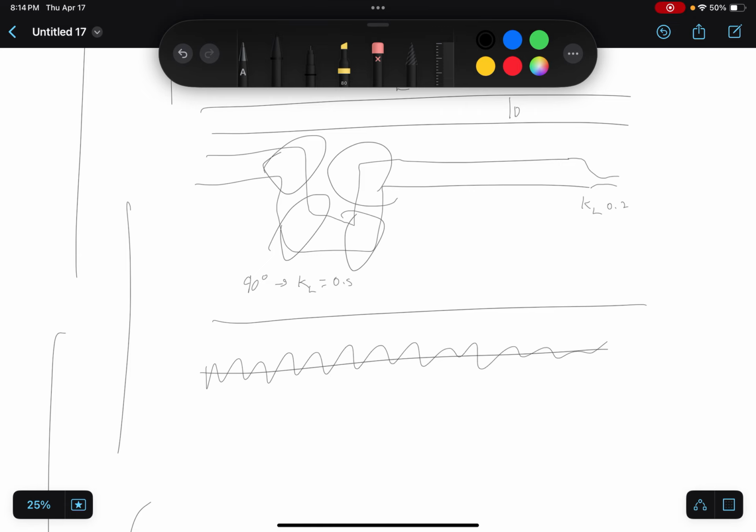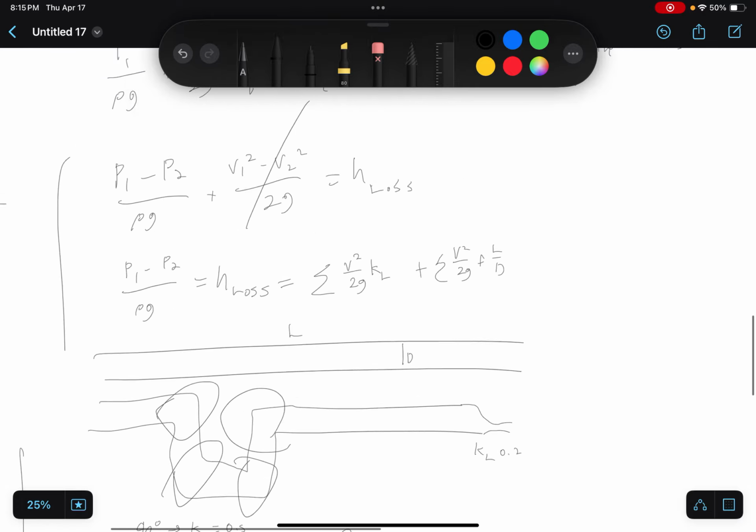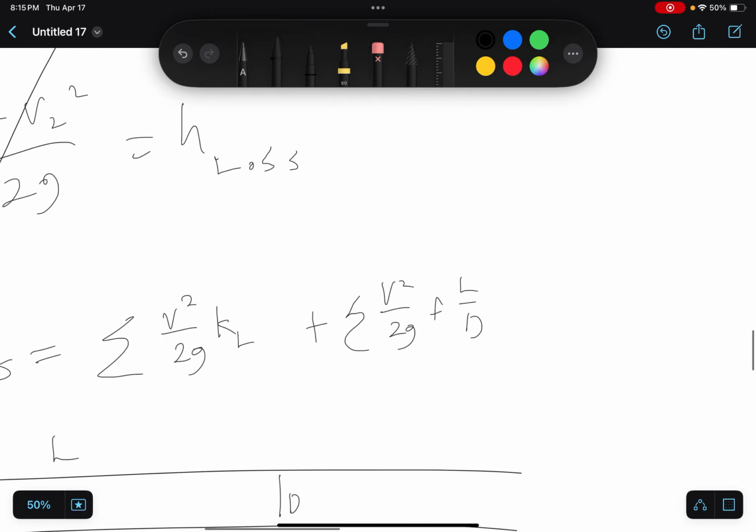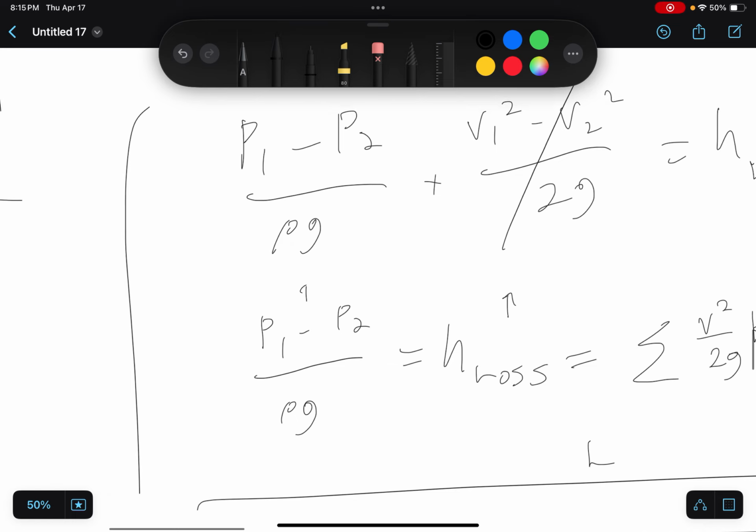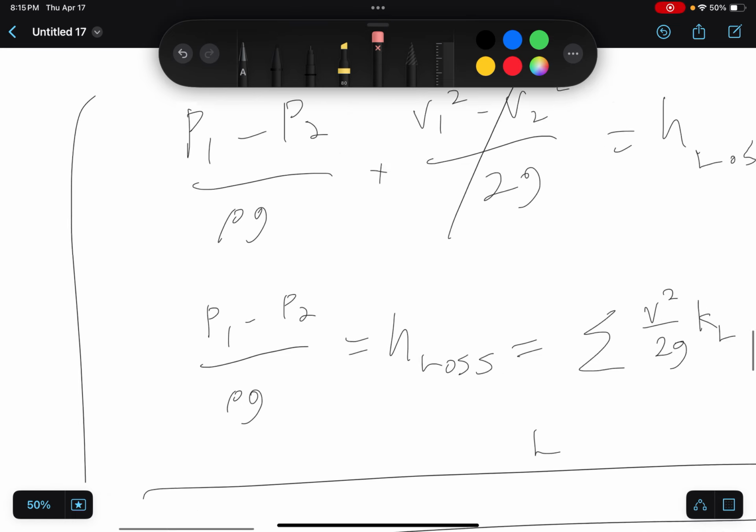Now I'm exaggerating, no exhaust pipe is a rough surface like that. But let's just say it's super rough, and a rougher pipe is harder to pump stuff through. So a rough pipe would have a higher friction coefficient, which would increase head loss, which would increase this delta pressure. Okay.